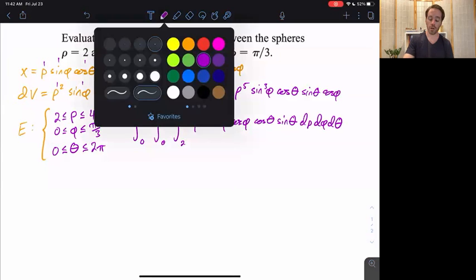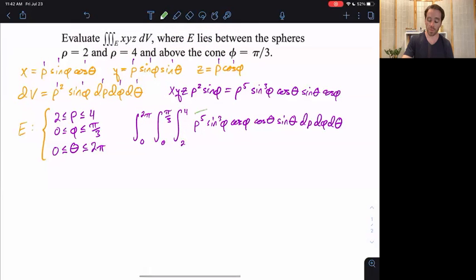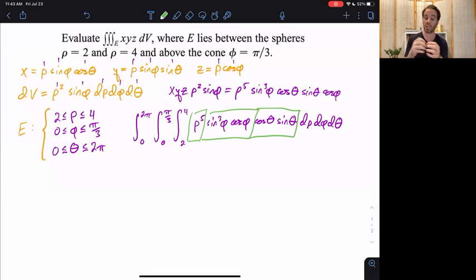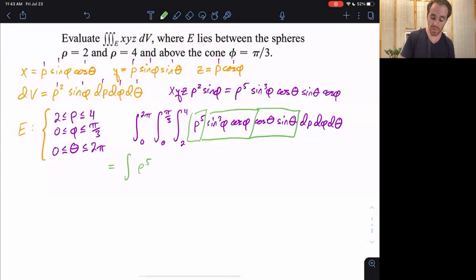What I can do here is actually pick out the parts that have the rho, the parts that have the phi, and the parts that have the theta, because they're not too intermixed. There's nothing here that says like sine of phi plus theta or anything like that. I can actually separate these out into 3 integrals that are all multiplied by each other. So this will be the integral of rho to the 5th from 2 to 4, d rho.